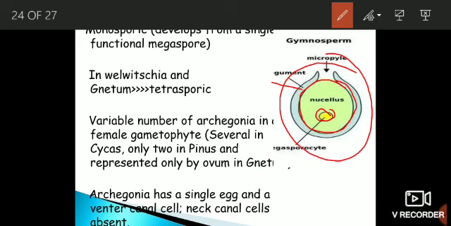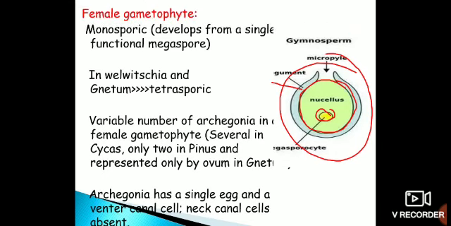And this megaspore mother cell divides by meiosis and forms functional megaspore, okay. Usually 4 megaspores are formed. Only 1 survives and the 3 degenerate, okay. That is what is meant by monosporic.